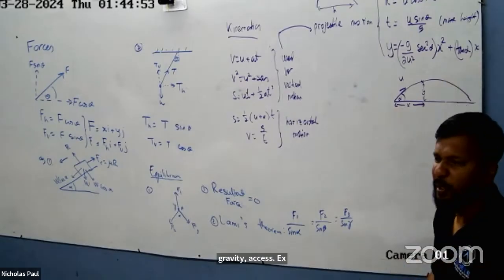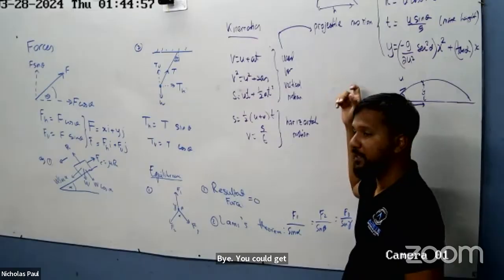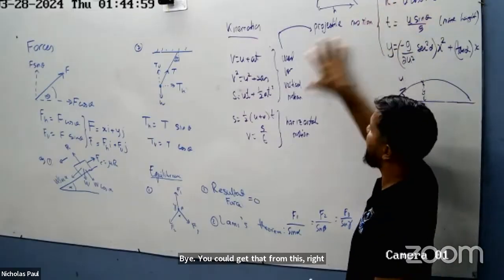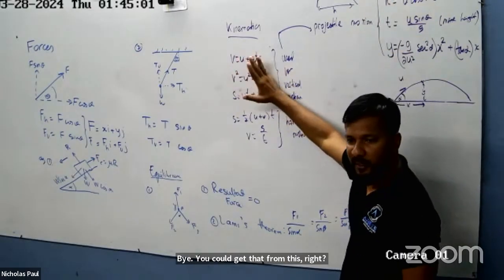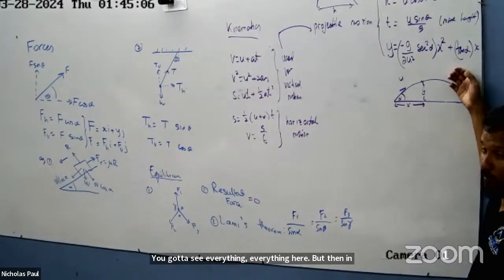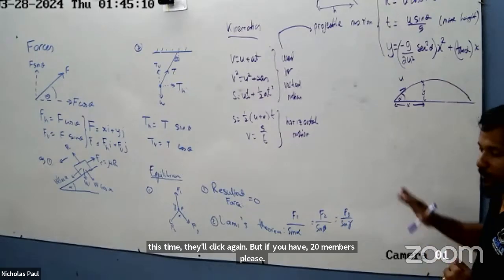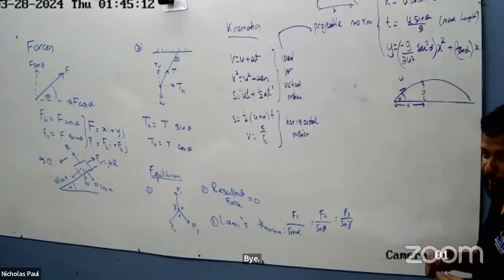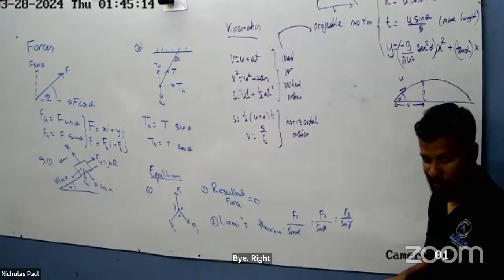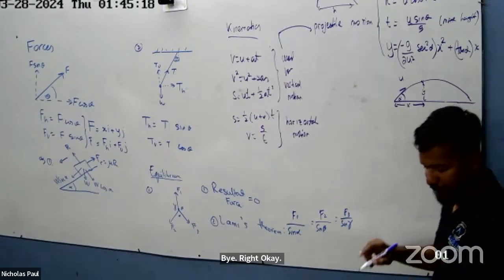But you don't have to, you can get that from this. If you have plenty of memory space, learn these together. If you have limited memory space, focus on the basics. So you have that, you have kinematics.